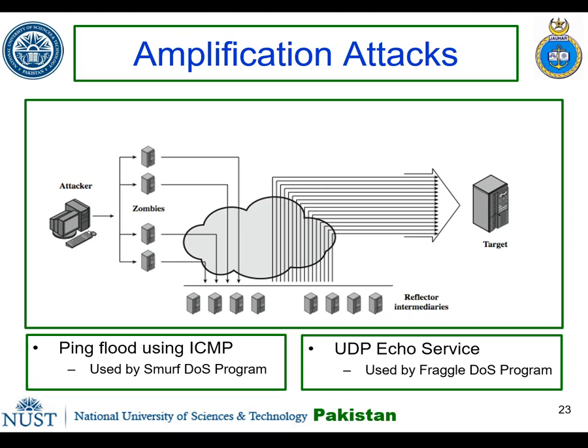Another possibility is to use a suitable UDP service such as the echo service, which is what the Fraggle denial of service program used. The best additional defense against this form of attack is to not allow directed broadcasts to be routed into a network from outside.